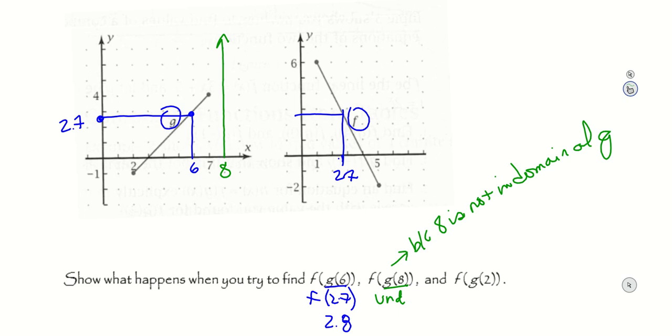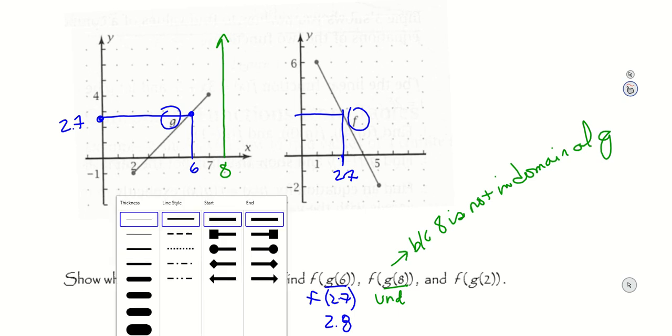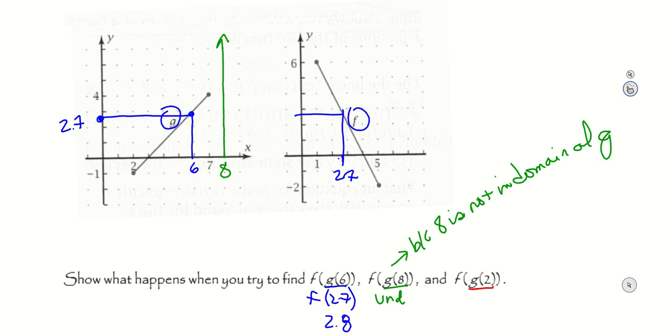Now let's find F of G of 2. So again, starting on the inside, I want to find G of 2. I go to 2 on the G axis, follow that this time down till I intersect my graph, and then over, and I get about -1. So this is F of -1.